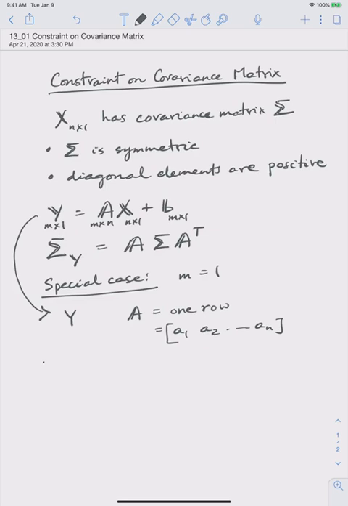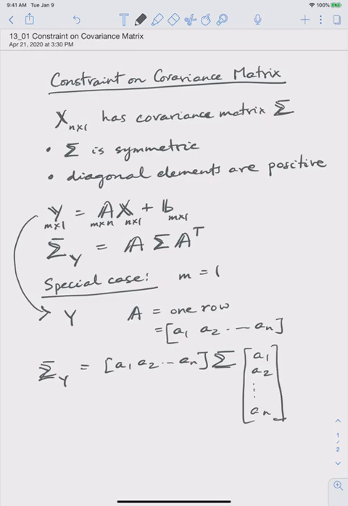And so sigma of y is, and sigma y is just 1 cross 1. It's a number, which works out because this is 1 cross n, and then you have n cross n, and then you have n cross 1.